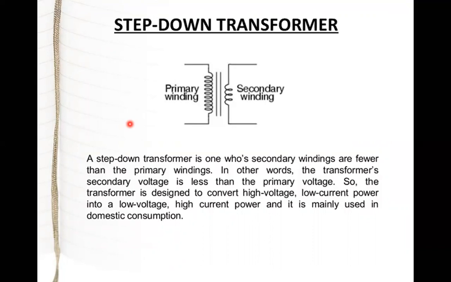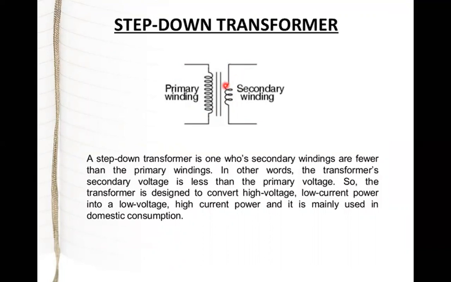If you look at the circuit diagram, the number of windings in the secondary coil is much less than the primary coil. So what will happen, as we said, is that when an alternating current is passing through this particular coil, there will be a varying magnetic field surrounding it. And in the area of that varying magnetic field, we have placed one more coil. This is nothing but the secondary coil. There will be an induced EMF in this secondary coil, and the current can be seen in the secondary coil.